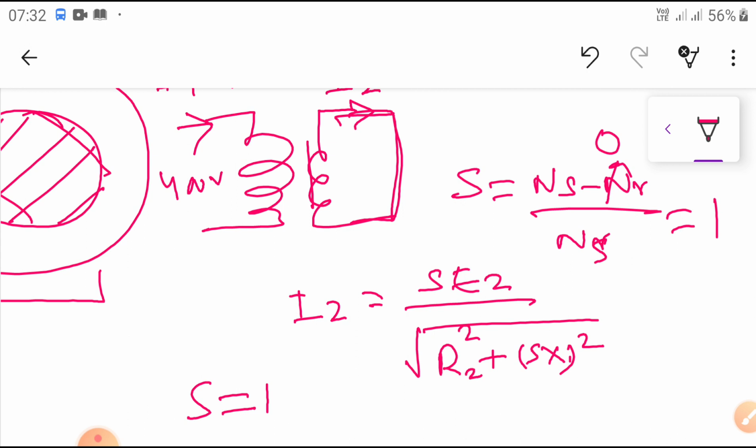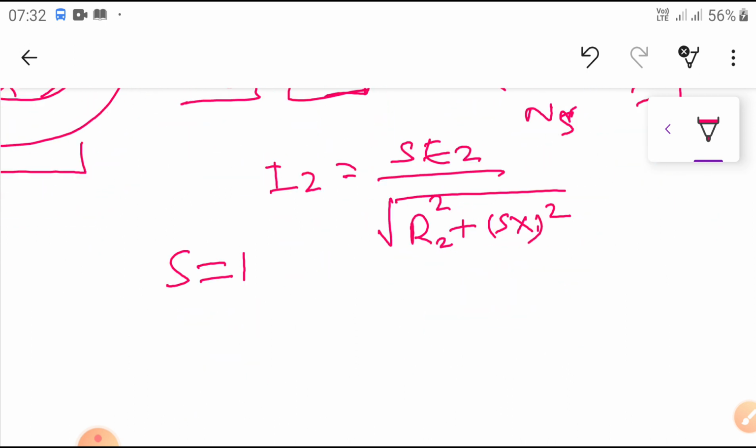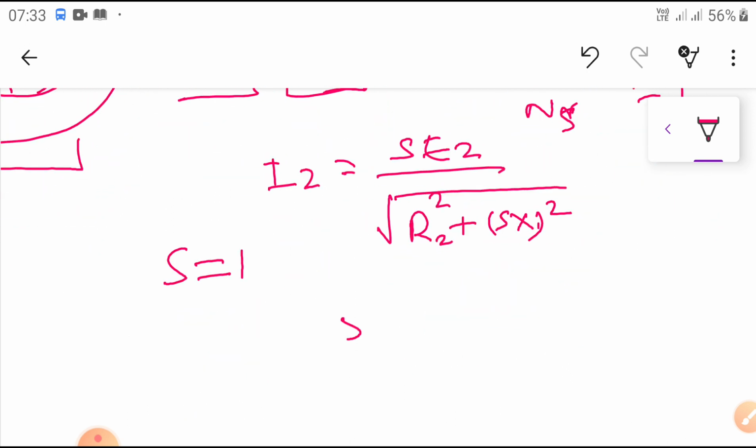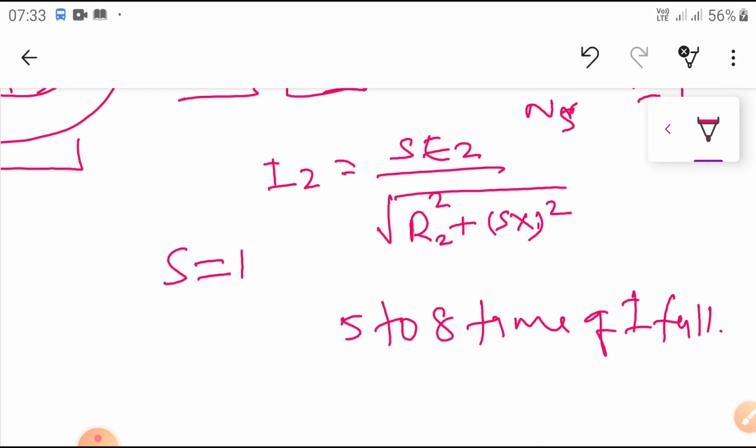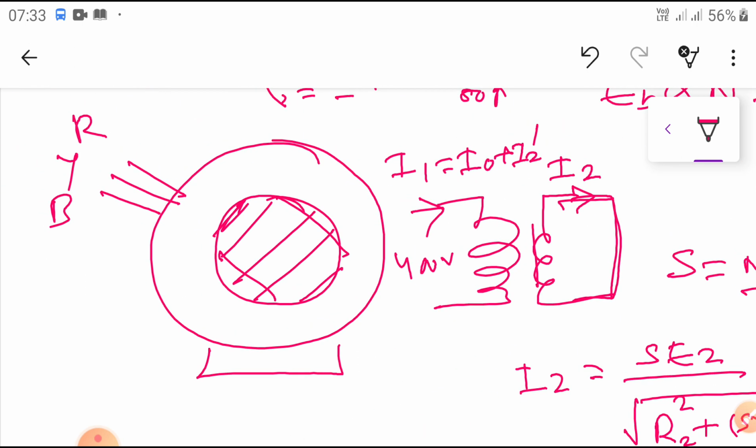Then what will happen? I2 becomes E2 by root of R2 whole square plus SX2 whole square. That means it draws more current, nearly 5 to 8 times the full load current. Suppose, for example, the motor draws 10 amperes under normal running condition, but initially it draws 5 to 8 times.